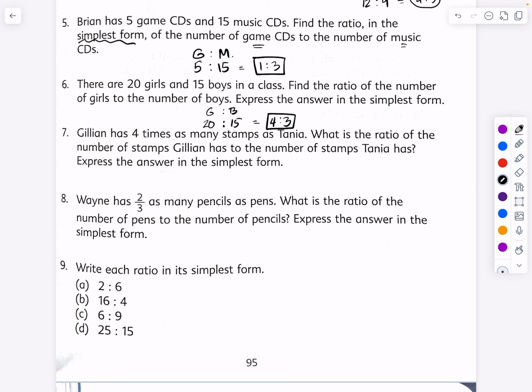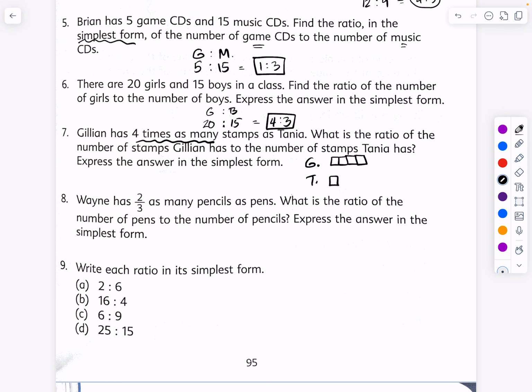Number 7. Jillian has 4 times as many stamps as Tanya. What is the ratio of the number of stamps? So first, let's make a small bar model. G is for Jillian, T is for Tanya. We know that Jillian has 4 times as many. 1 time, 2 times, 3 times, 4 times.